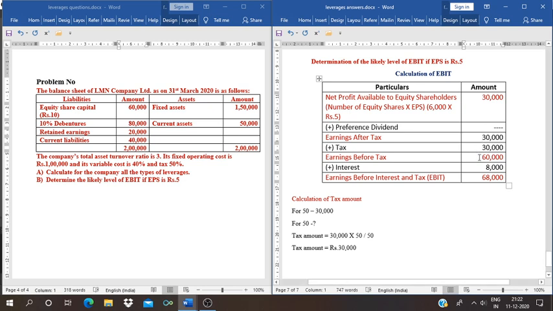Okay. Now see, earnings before tax is 100%. Tax is 50% and the remaining is 50%. So for 50%, the earnings after tax is 30,000; for the tax of 50%, how much? Cross multiplication: 30,000 into 50 divided by 50. The tax amount will be 30,000. That I have written here.